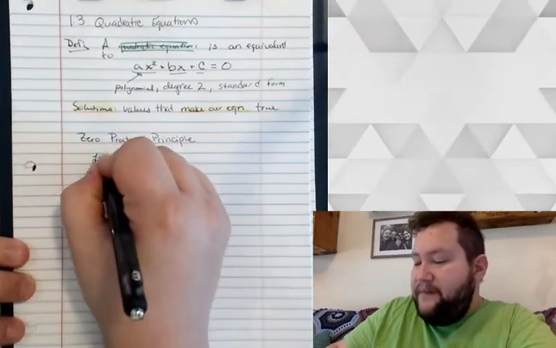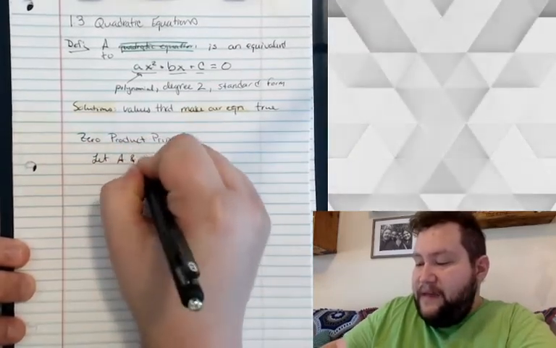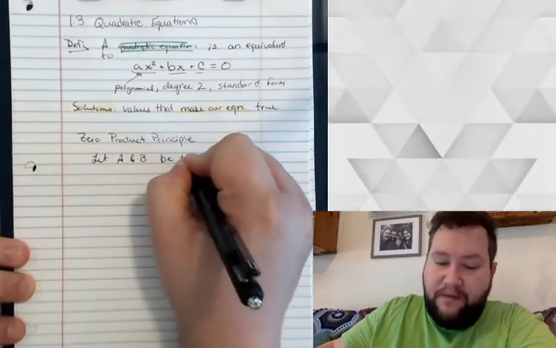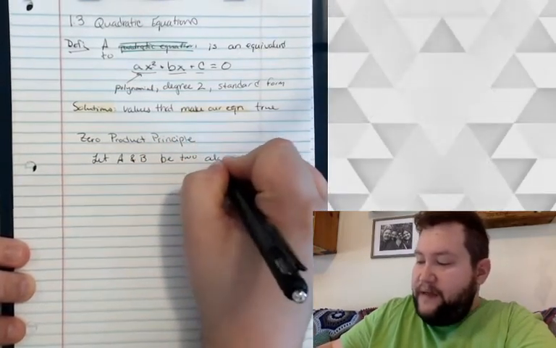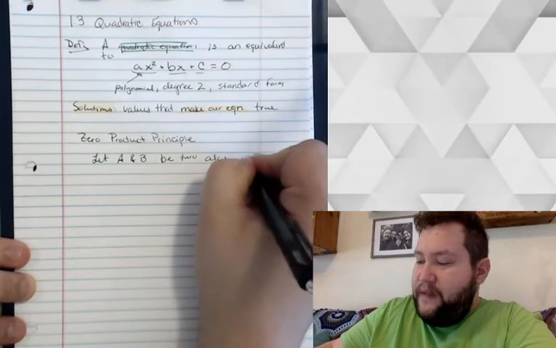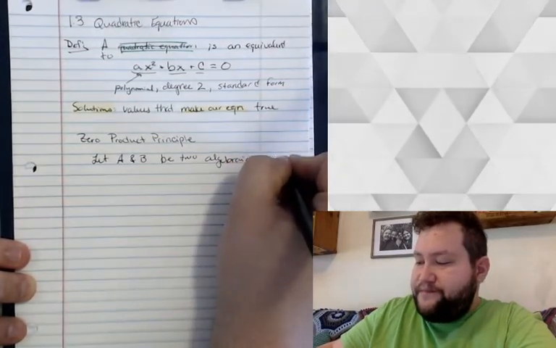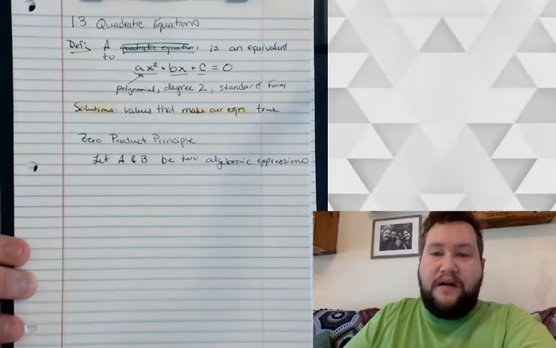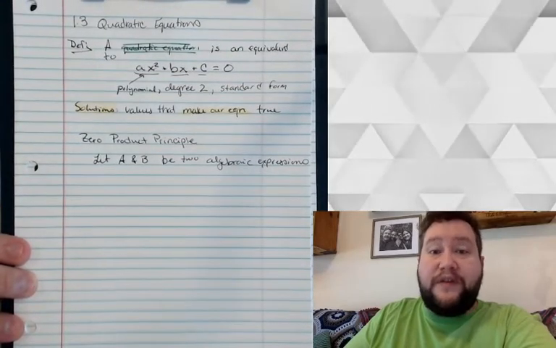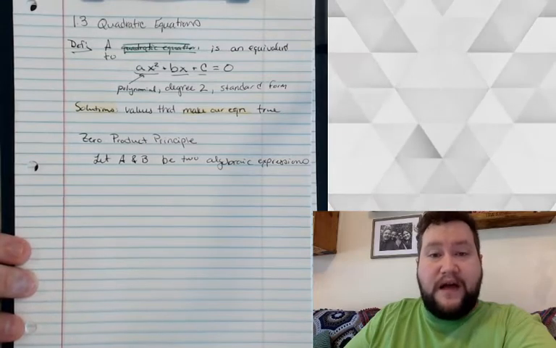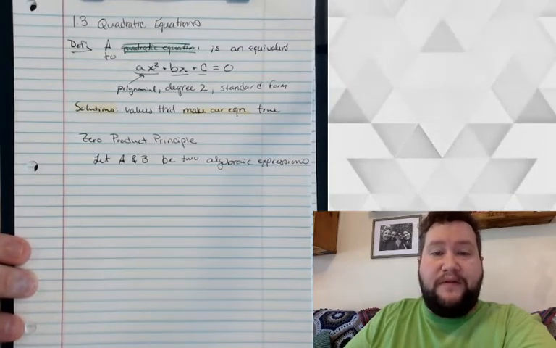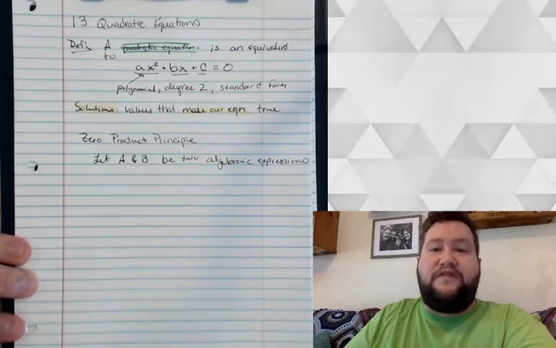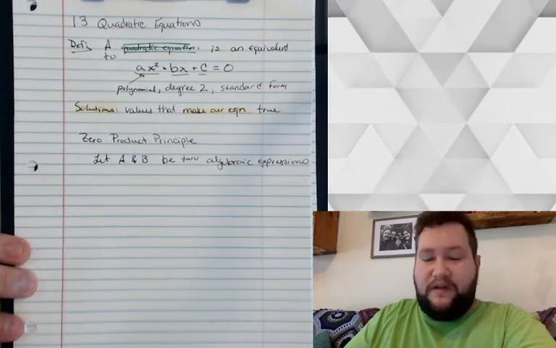Let A and B be two algebraic expressions. Remember, expressions are a collection of terms, but there's no equal sign. So there are constants, variables, and then our operations of addition, subtraction, multiplication, division, and square root.